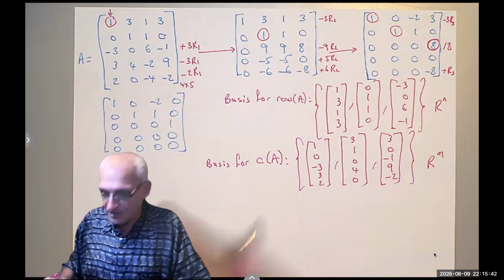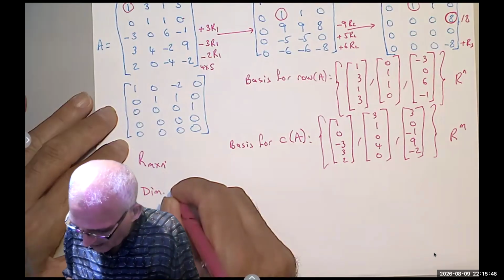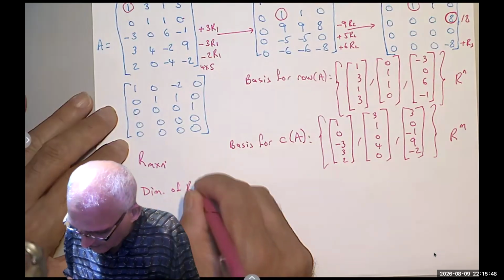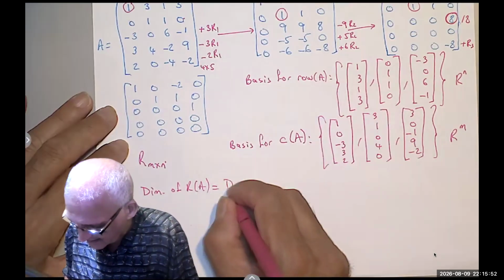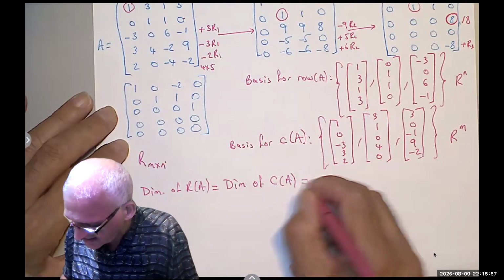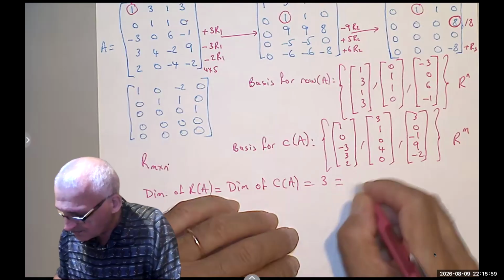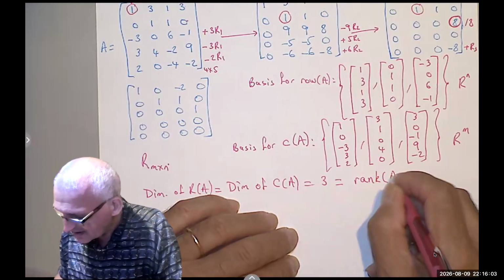So here we say the dimension of the row of A equals that of the column of A. In this case, it's 3, and 3 here would be called the rank of matrix A.